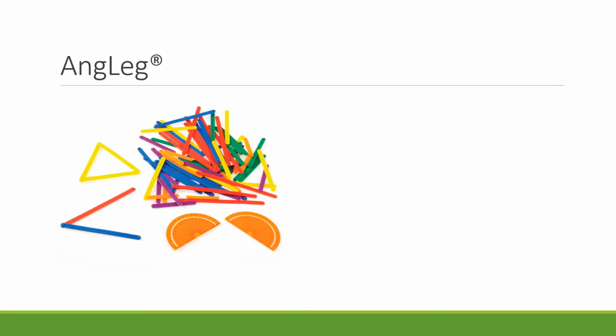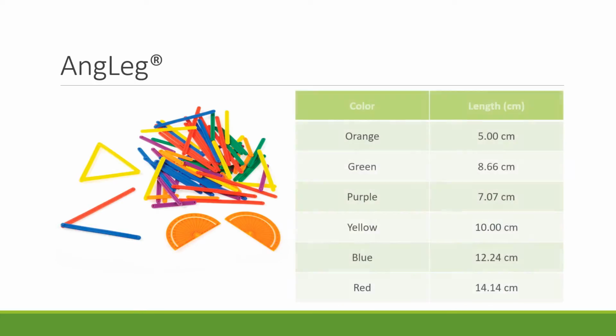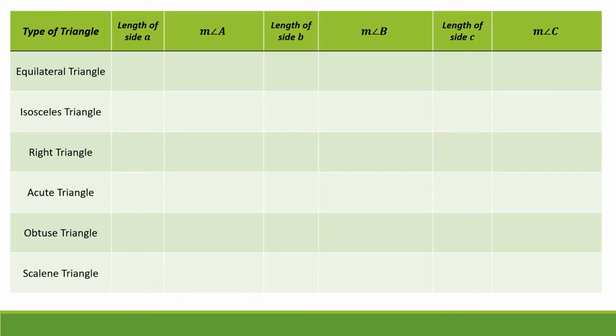For today's lesson, I'll be primarily using anglex to explore the relationship between angles and side length. Now, anglex come in a variety of colors and lengths, and as a reference, here's a table of lengths. One of the activities for the lesson will be filling out this table using anglex.